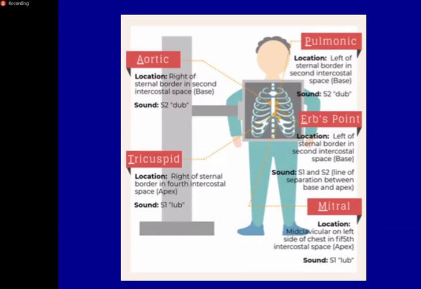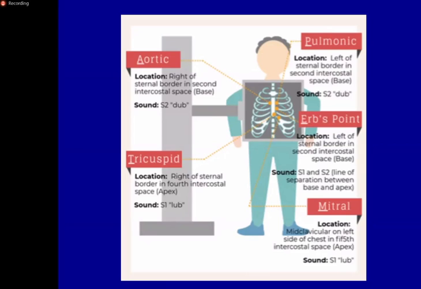Then you can hear the tricuspid valve in the lower left sternal edge, and a little bit deviated toward the mitral valve, which would be heard mainly in the fifth intercostal space, closer to the midclavicular line. So those are the main sites where you will be hearing.